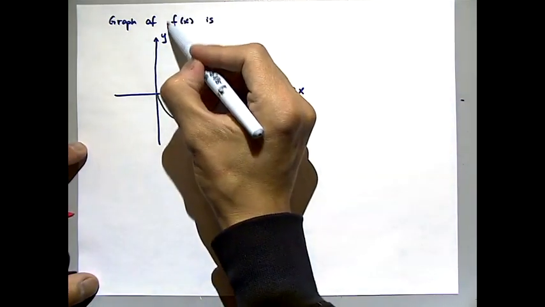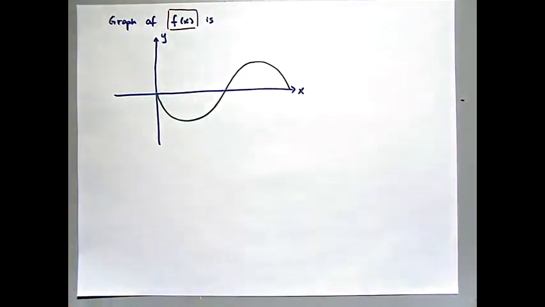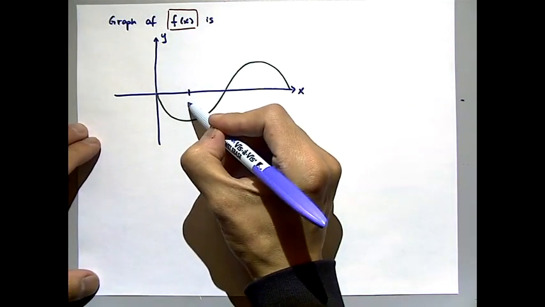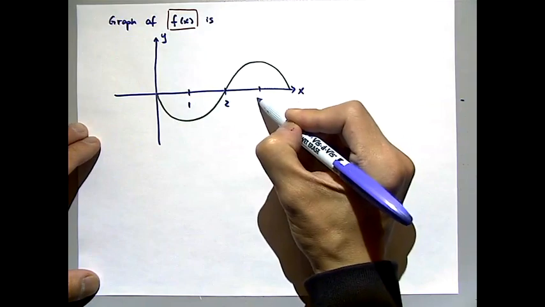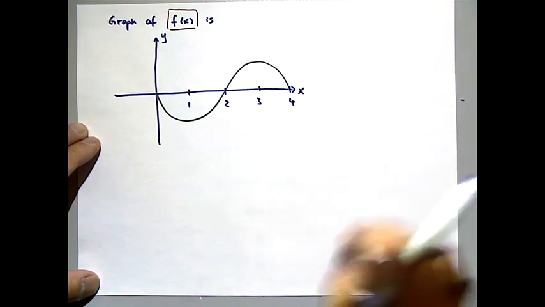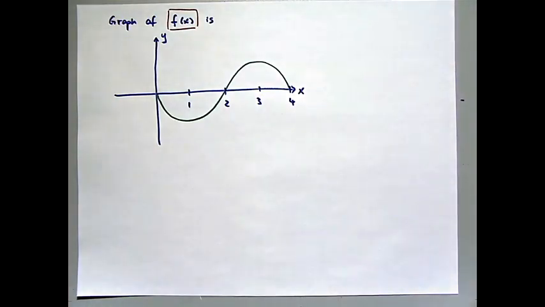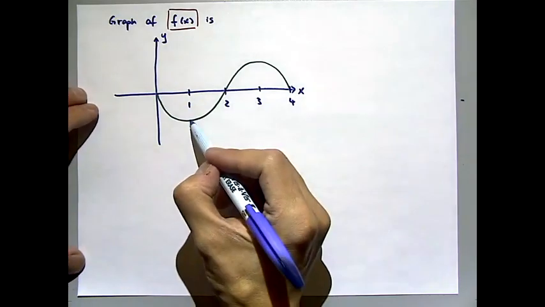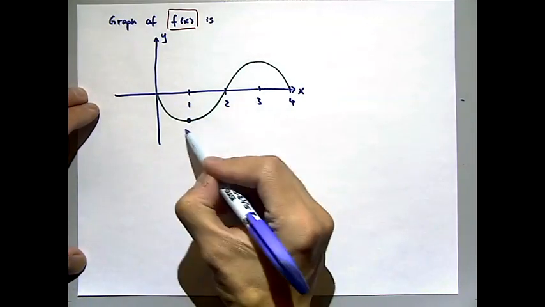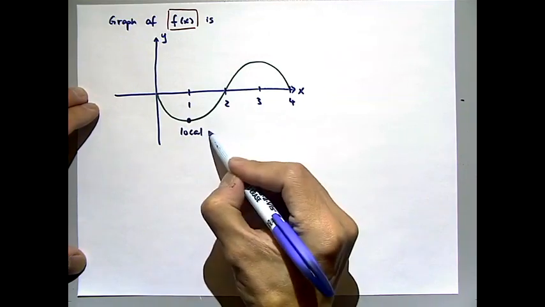All right, so looking at the original function, not the derivative anymore. And I want this to be at 1, 2, 3, and 4. So look at the local maximum and minimum of this function. At 1 here, we have a local minimum.